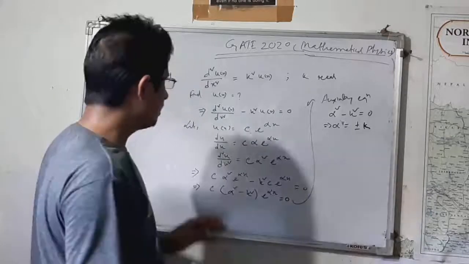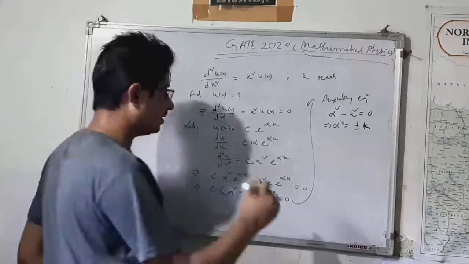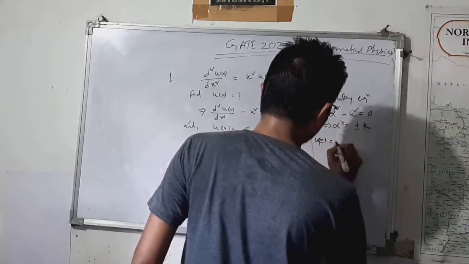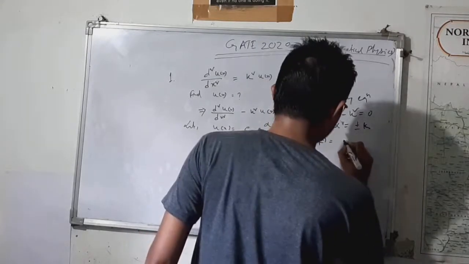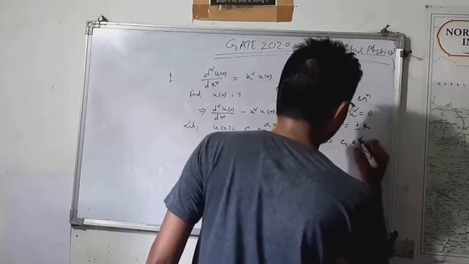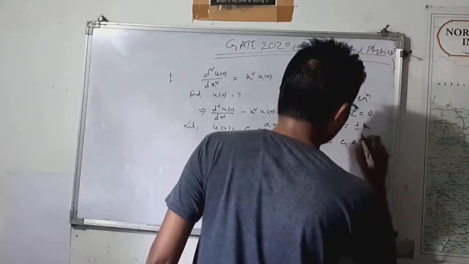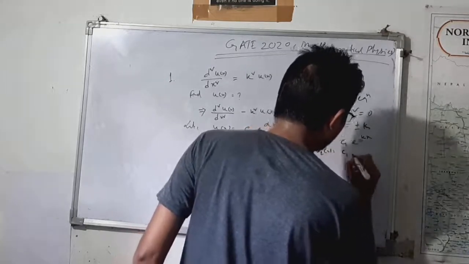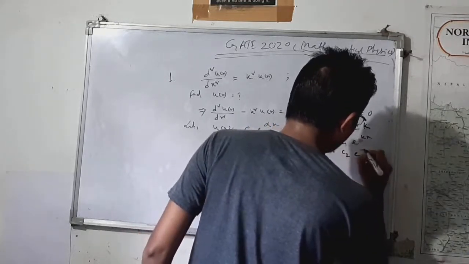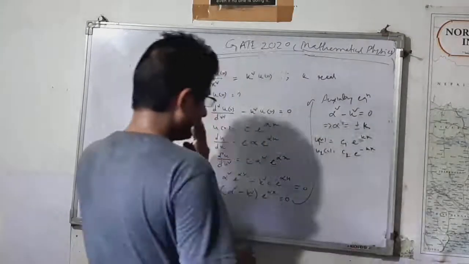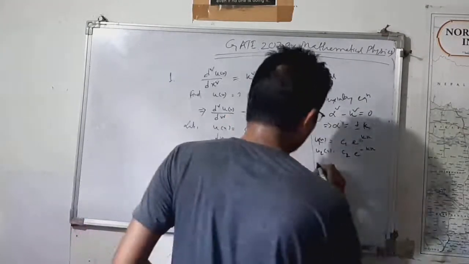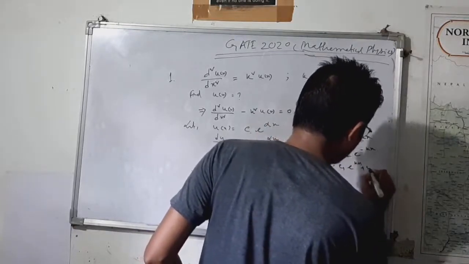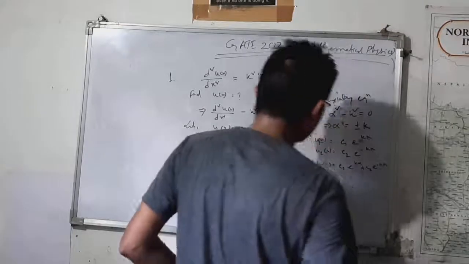Therefore the solutions are u1(x) equal to c1 e to the power kx, or u2(x) equal to c2 e to the power minus kx, or the solution can be written as the linear combination of both of them, c1 e to the power kx plus c2 e to the power minus kx.